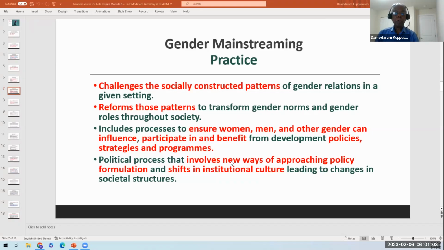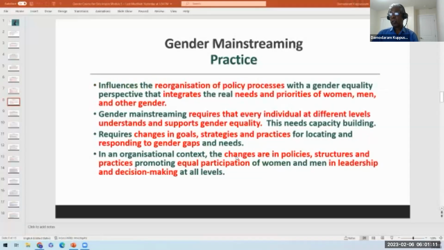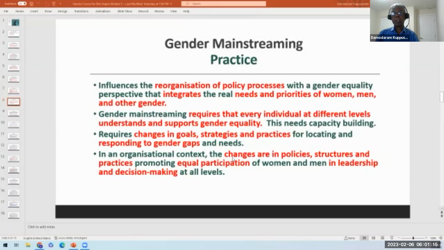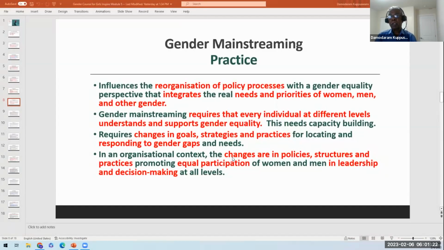Therefore, it is political, and it demands changes in the way that we do things. So it influences the reorganization of policy processes so that they integrate the actual needs and priorities of different genders.